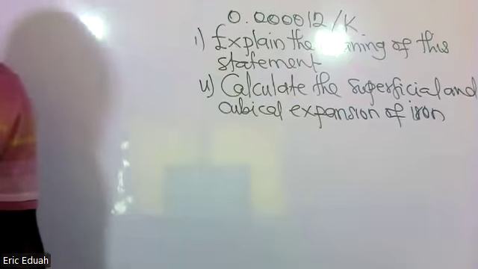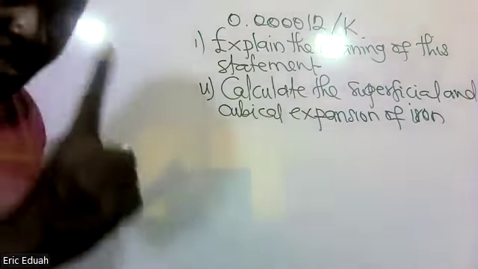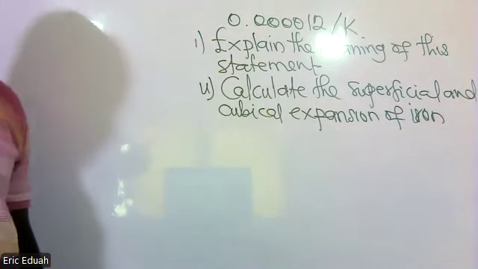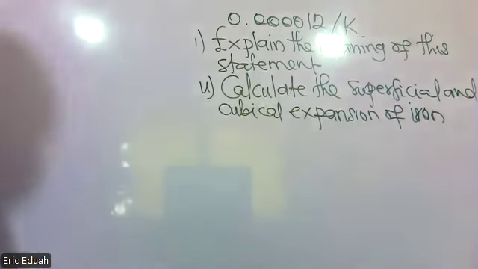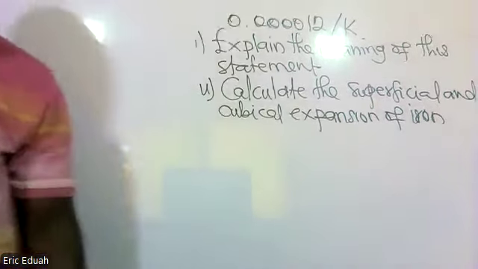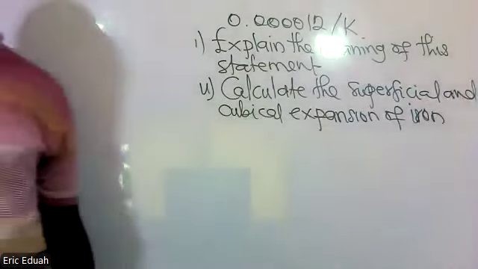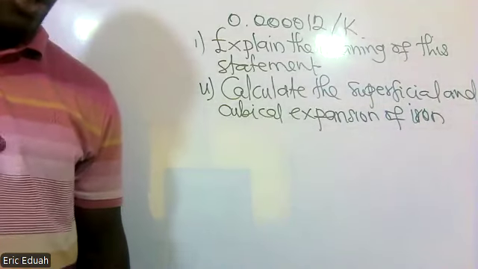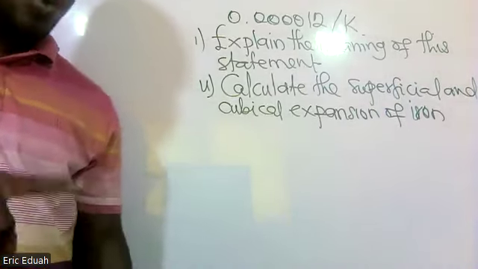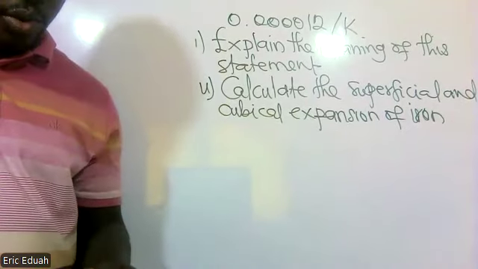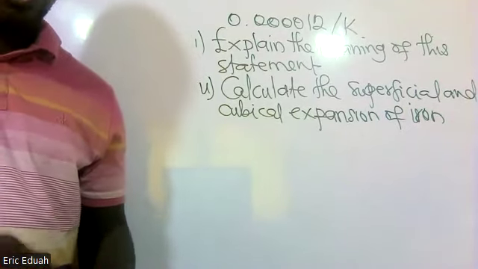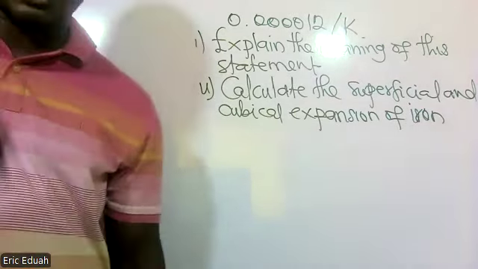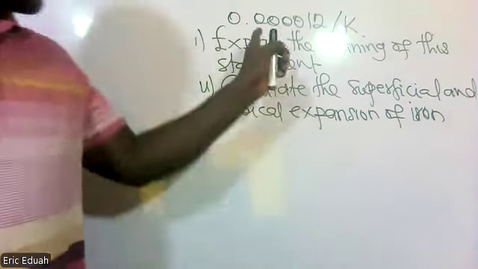So the change in length per unit length, per a Kelvin or degree Celsius rise in temperature, is equal to 0.000012 meter. So when you subject 1 meter length of iron to a temperature change of 1 Kelvin or 1 degree Celsius, it will expand by this amount.